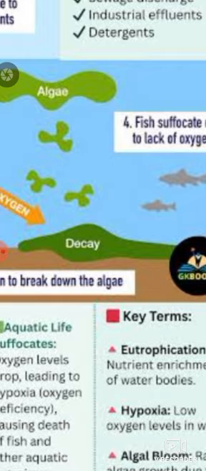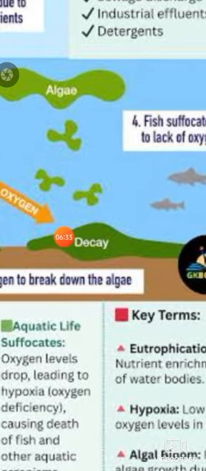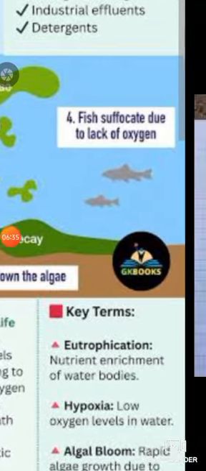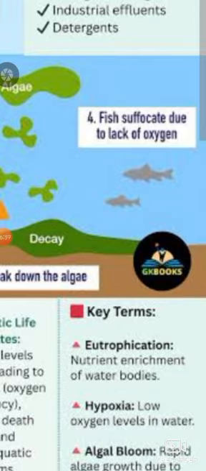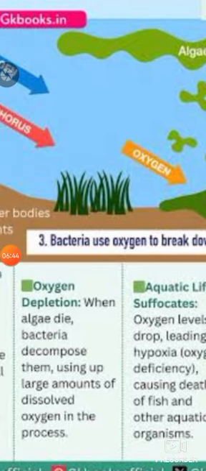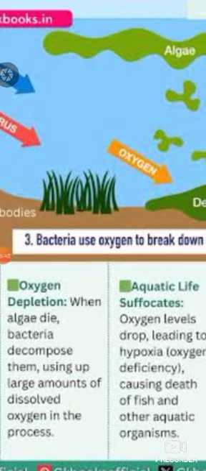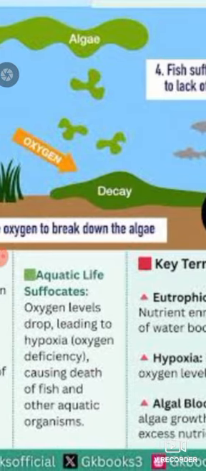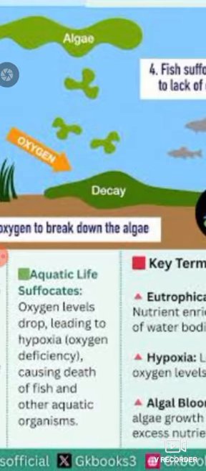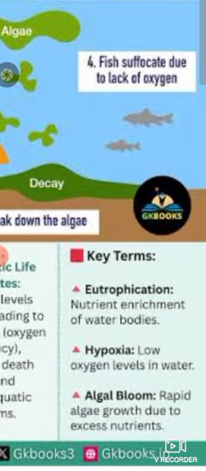So what is now left for the fish, for the aquatic organisms? There's not much oxygen left. So the fish and the aquatic organisms will suffocate and die off. This stream will become a dead zone. Bacteria use oxygen to break down the dead algae and plants. Fish suffocate due to lack of oxygen.